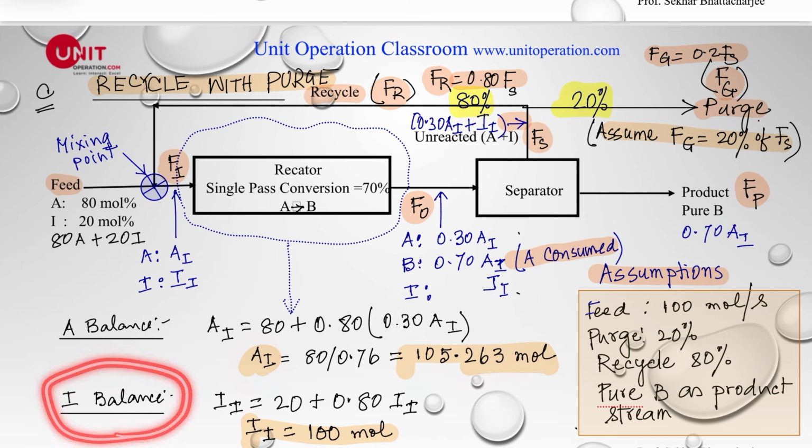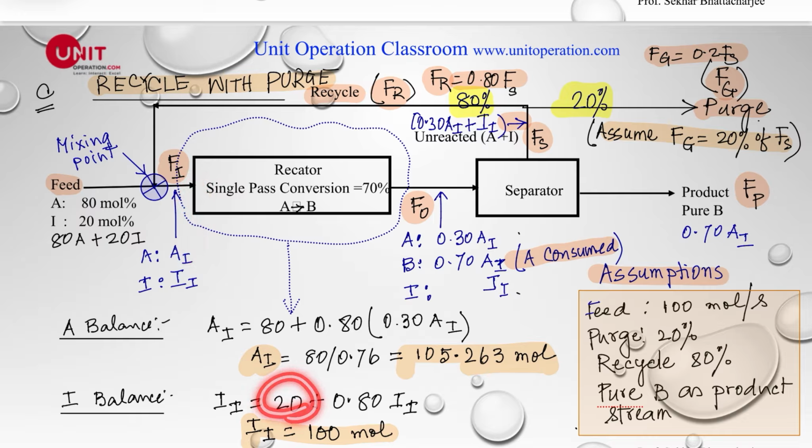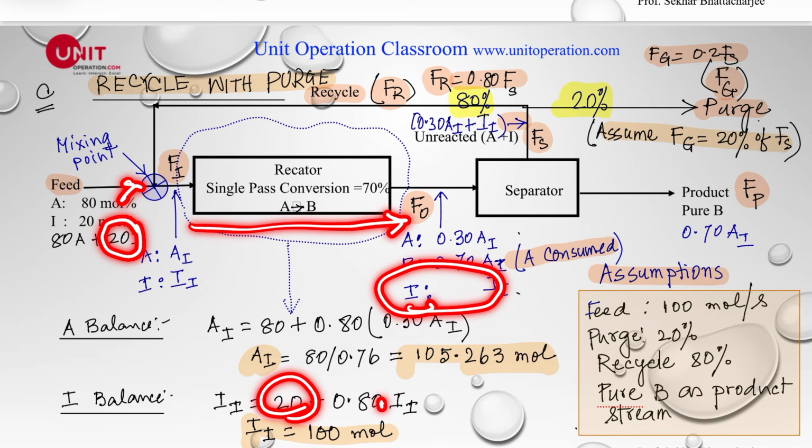So that is basically 105.260 moles of A coming in. If we do the I balance, what happens? This I_I, the moles of inert that will be coming in here, will be equal to 20, which is coming from here, plus, as you can see, this I_I, which just goes right here, and out of that, 80% comes in here, 20% is purged.